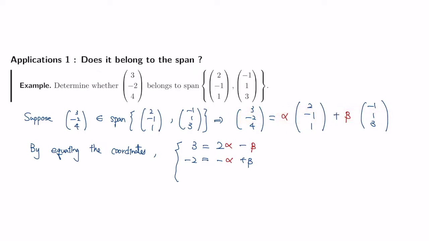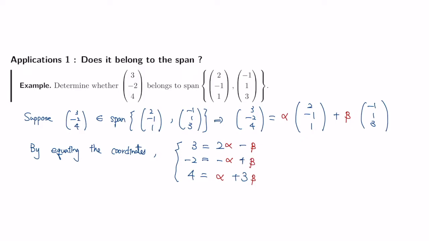The final equation is 4 equals alpha plus 3 beta. Let me be consistent. I'm going to use red here as well.